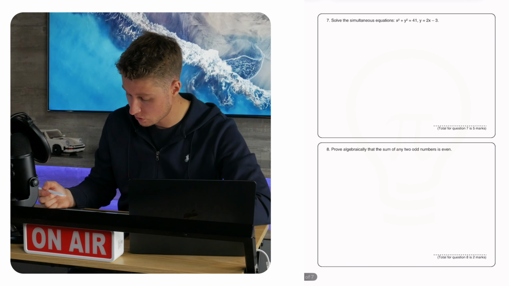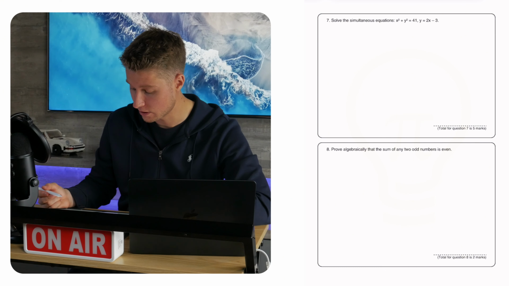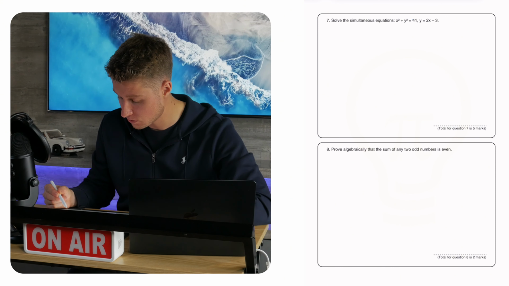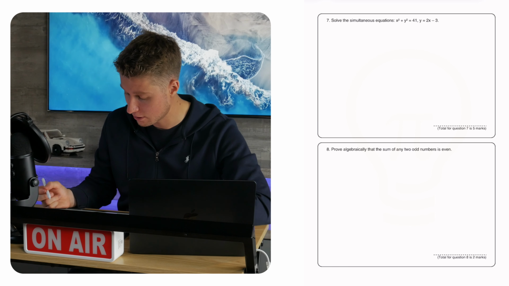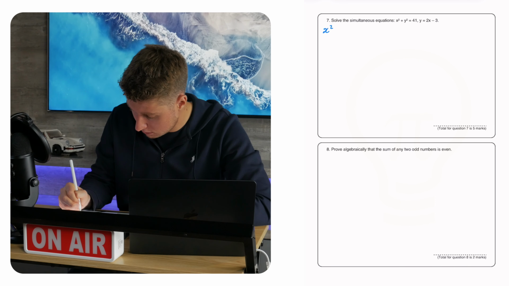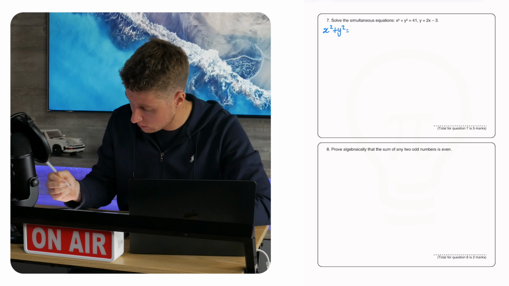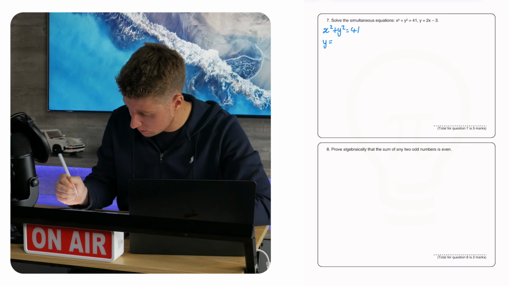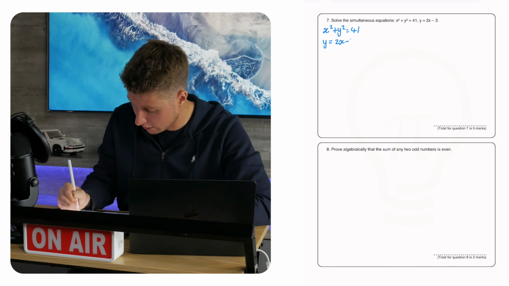Question 7 is also a solve simultaneous equations question involving quadratics. We've got x squared plus y squared equals 41 and y equals 2x minus 3. So x squared plus y squared is equal to 41 and y is equal to 2x minus 3.